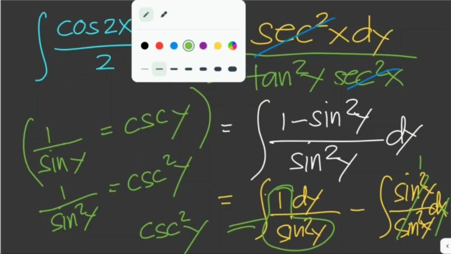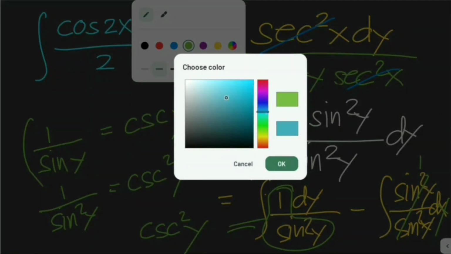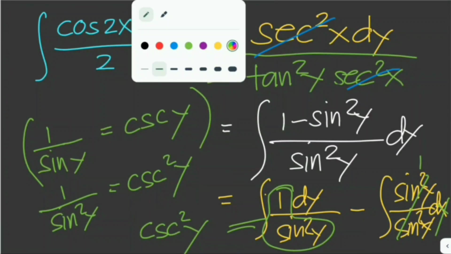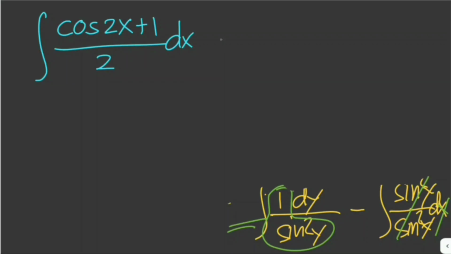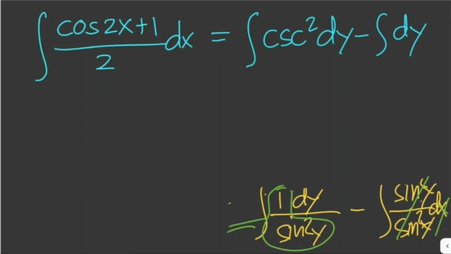So let's rewrite everything. The right hand side of the equation can be written as the integral of cosecant squared y dy minus the integral of dy, because sine squared y over sine squared y is equal to 1. And now everything is integrable.